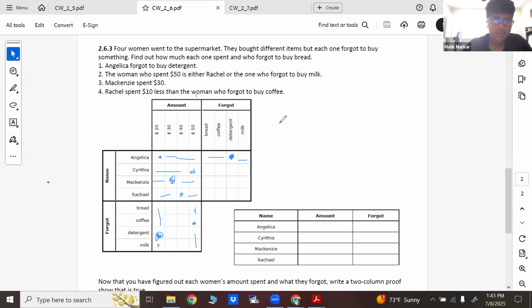That's funny. So Rachel did not buy coffee, yeah, and she clearly did not buy detergent, but she bought milk. Rachel bought milk because she spent 50. No, wait, because she bought milk. And Cynthia $50 goes with milk.